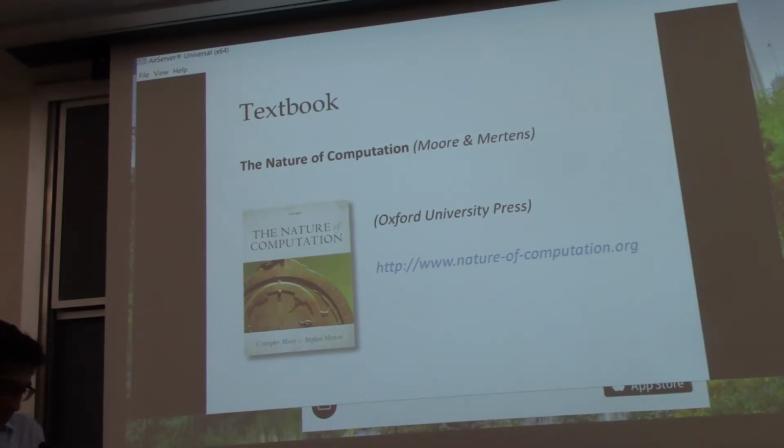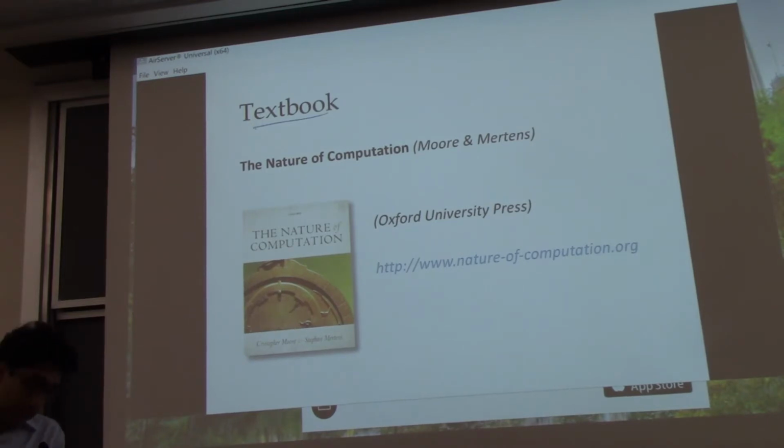So I've started to use a new textbook for this class. This is called The Nature of Computation. It's an excellent book, but how many of you either have access to it or have bought the book? Yeah, a relatively small number, right? Okay.